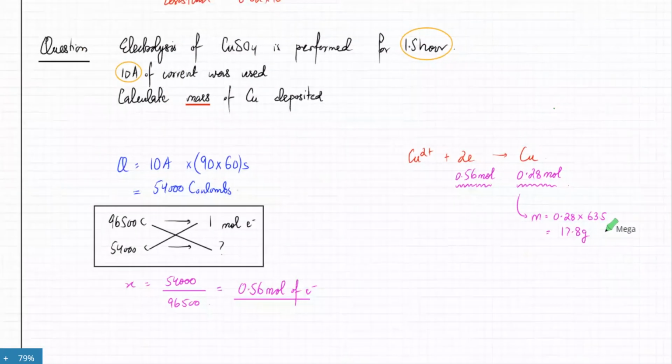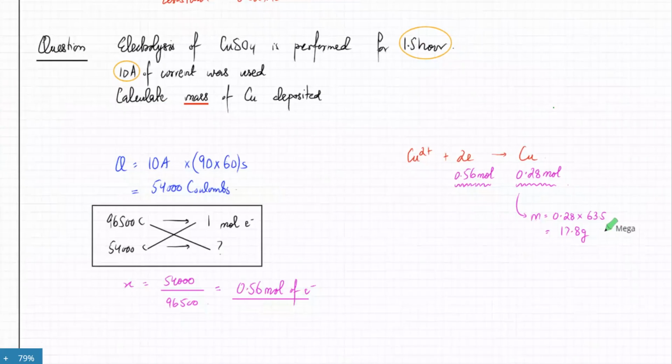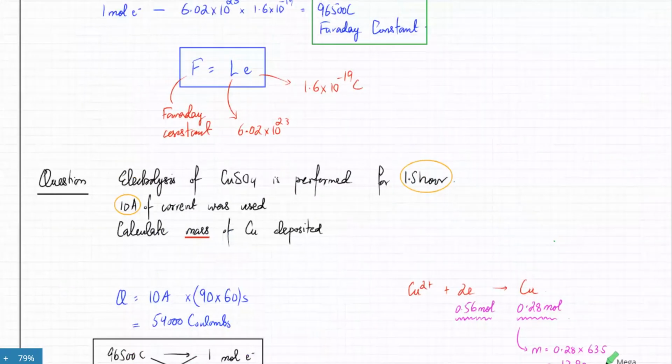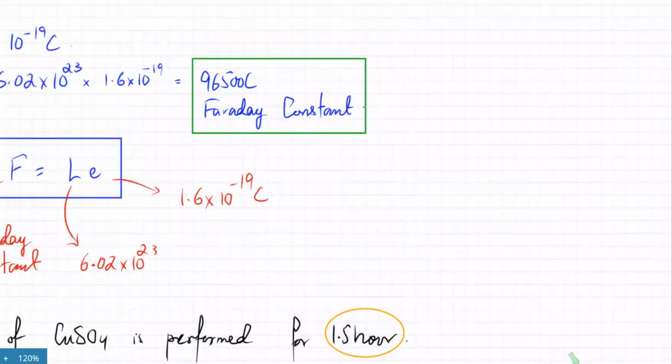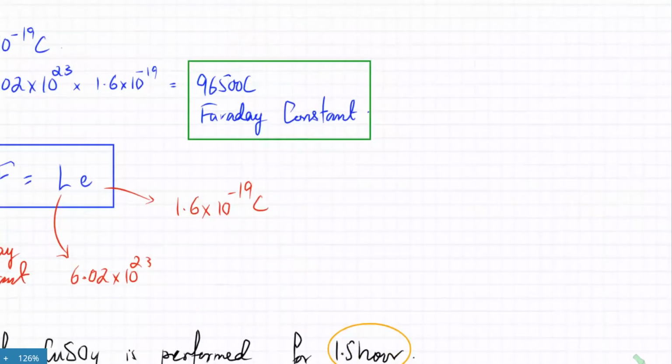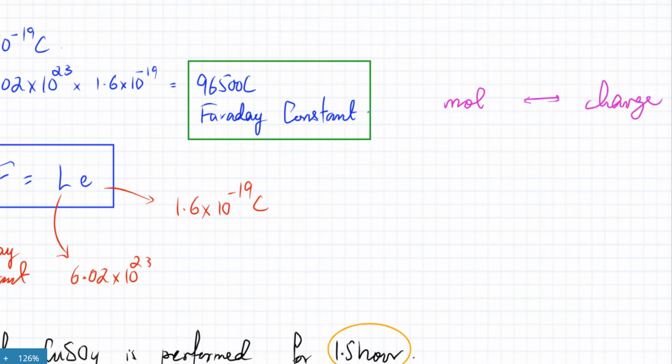Remember, the purpose of the Faraday constant is to switch between moles and charge. One mole of electrons has a charge of this. You can figure out the charge using Q is equal to IT and convert that to moles.